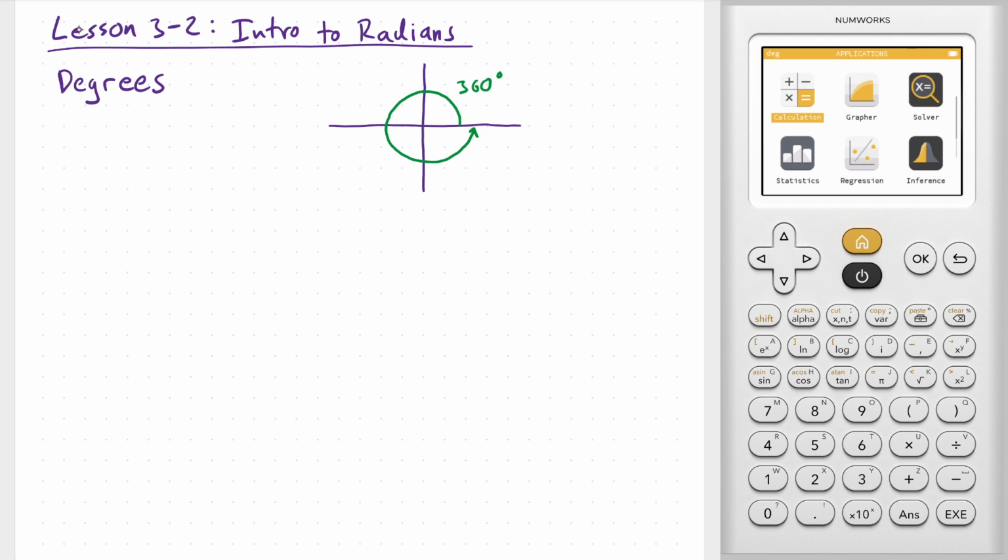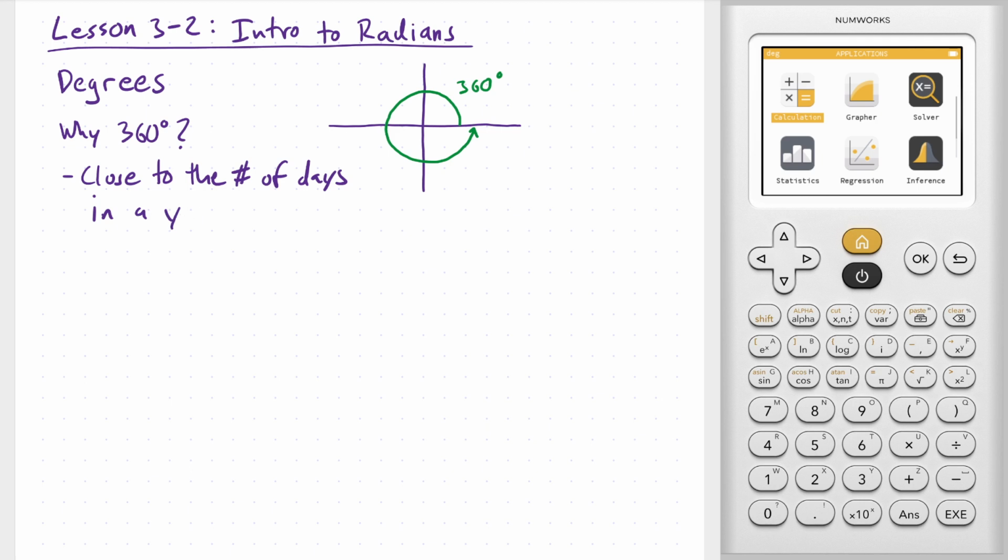So one question we could ask is, why 360 degrees? Why not 100 degrees, like percentages or something else? One explanation is that it is possibly because it is close to the number of days in a year.